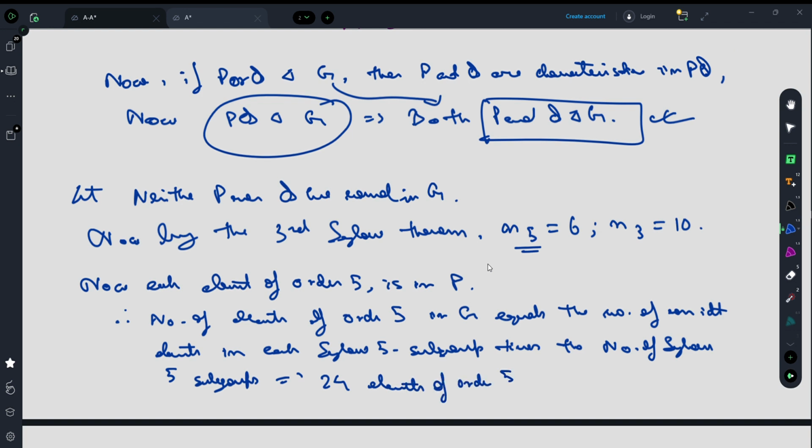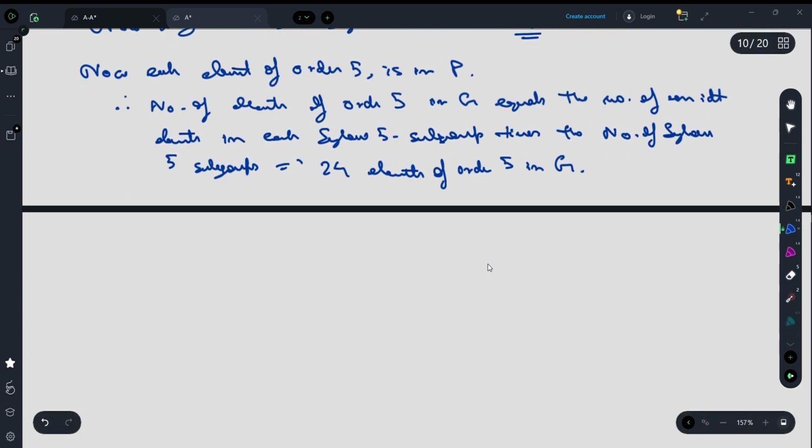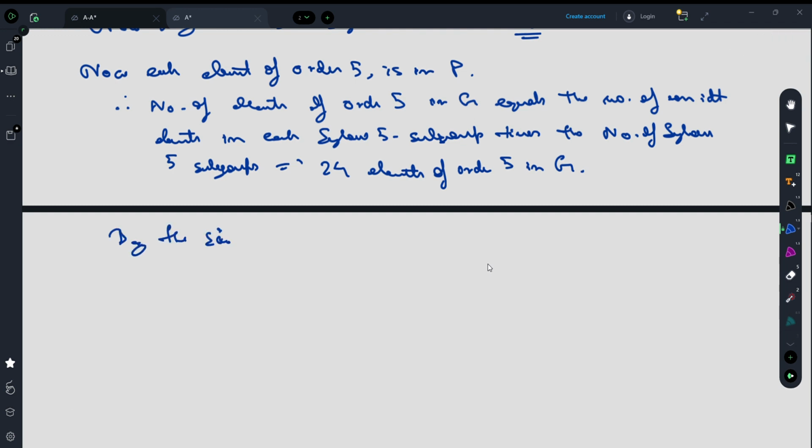So we have 6 Sylow 5 subgroups, and the number of non-identity elements in each Sylow 5 subgroup is 4. This implies we have 24 elements of order 5 in G.